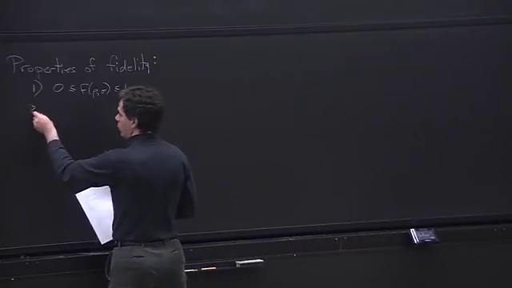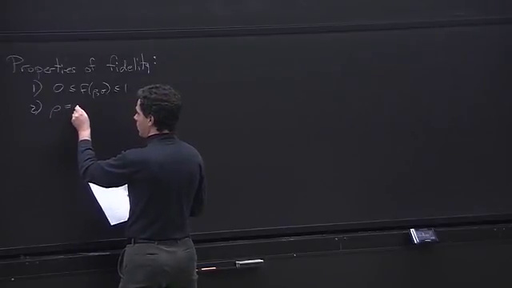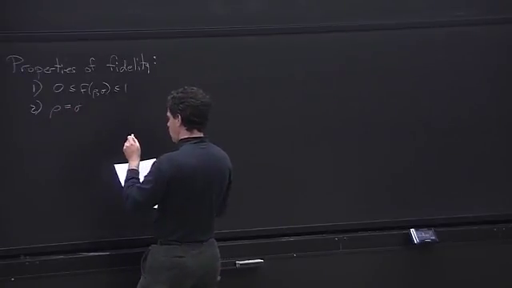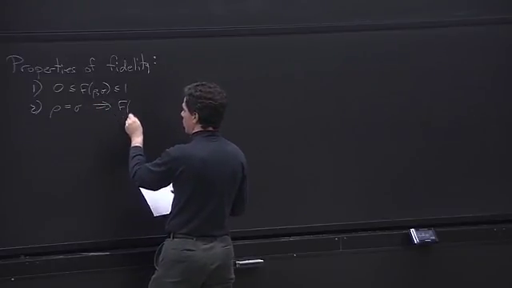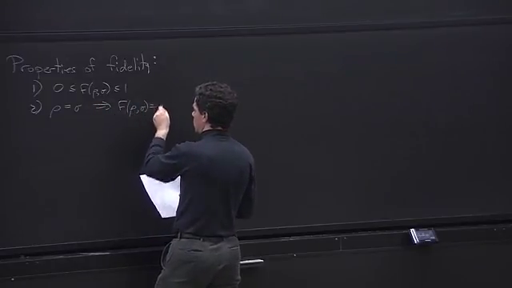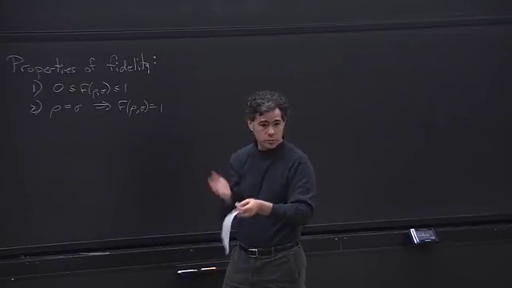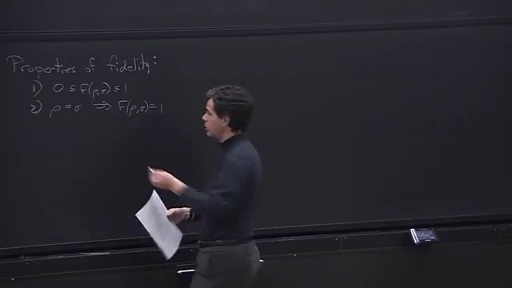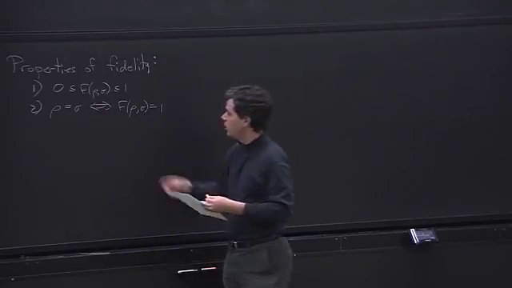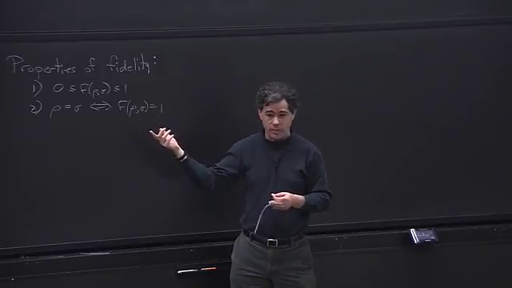The second one tells us that if the two states are the same, then the fidelity between them is 1. That's the same, remember, as in the pure state case, where if the inner product is 1, the two states are the same. But actually, this also goes the other way, also like in the pure state case. So if the fidelity of two mixed states is 1, then that means that the states are the same.